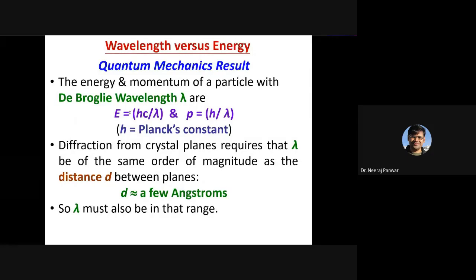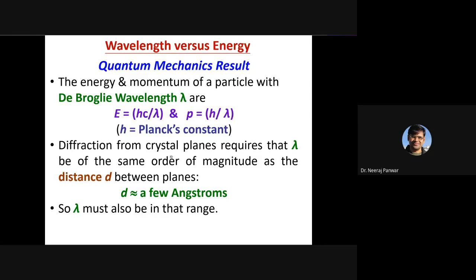So a little bit about the energy of the incident radiation and its momentum. We know that the energy and momentum of a subatomic particle like an electron or neutron, or photons, are related: E is equal to hc over lambda, and momentum is given by h upon lambda, where h is Planck's constant.